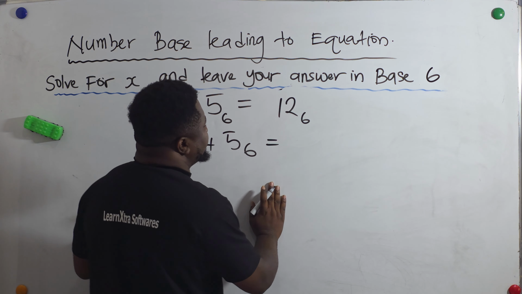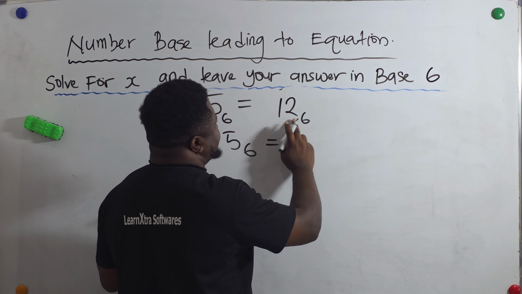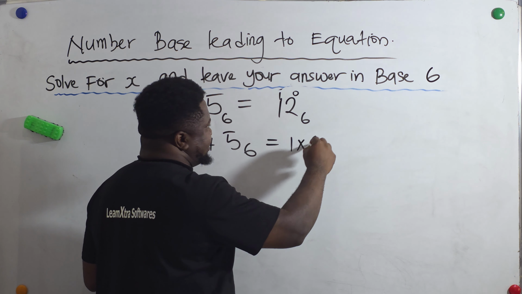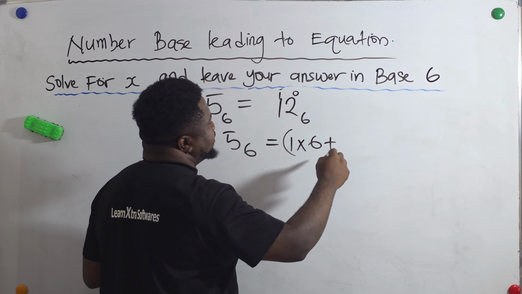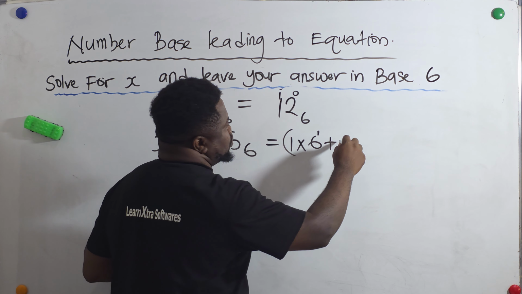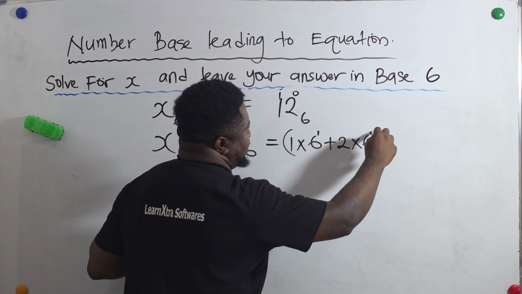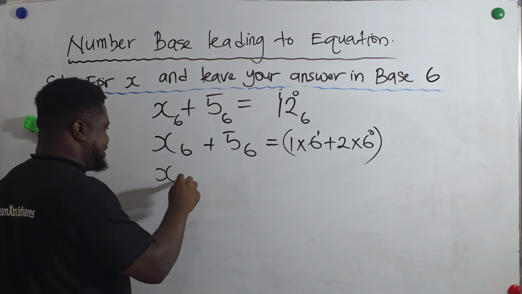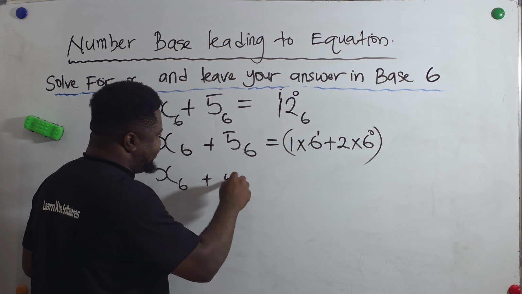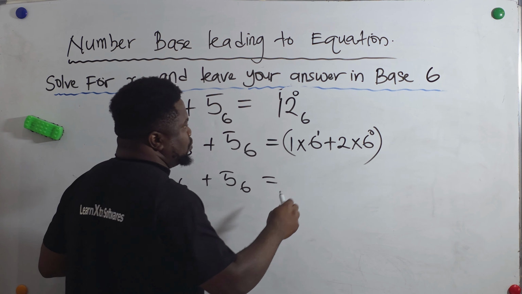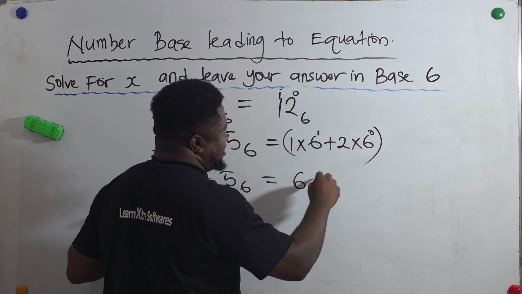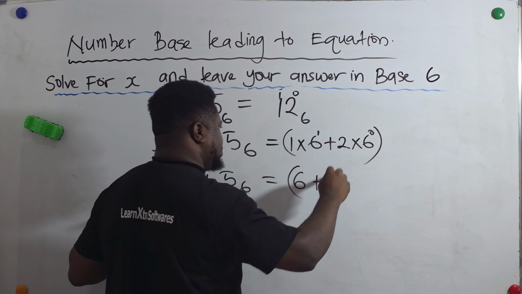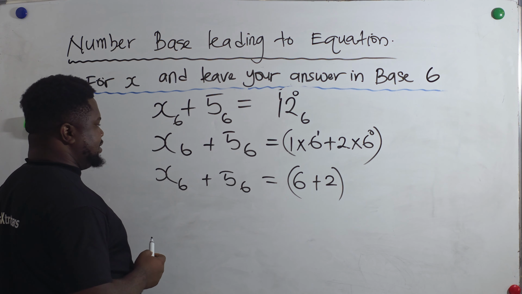Equal to, this will give us 0, 1, right? That will be 1 times 6 power 1, yes, plus 2 times 6 power 0. Yeah. And this is x in base 6 plus 5 in base 6 is equal to 1 times 6 is 6 plus 2 times 1, 2 plus 2. That's 8.